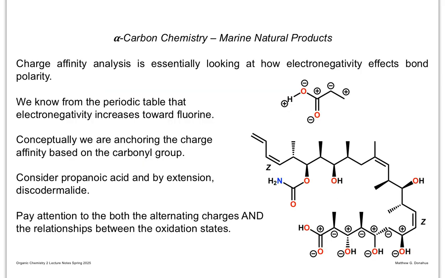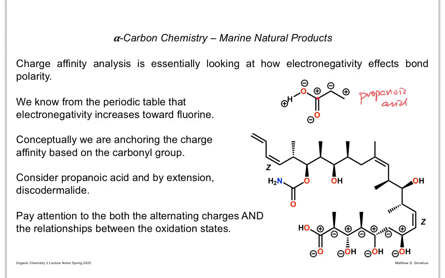So the charge affinity analysis, if we just look at propanoic acid at the top here as our model: we know that from an acid, the H is acidic, so I'm going to assign it that plus charge. When we deprotonate it, we know that the oxygen can be negative.